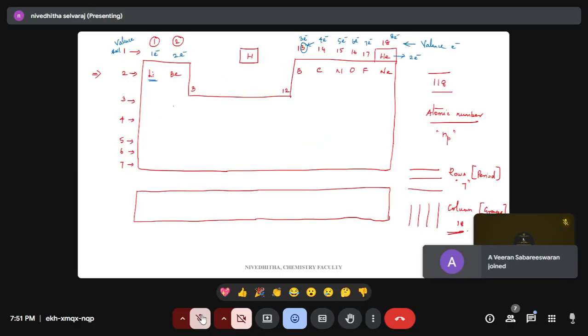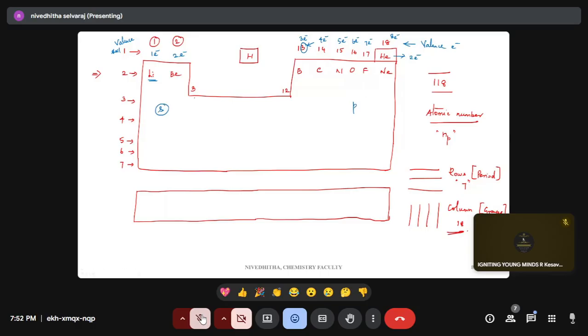Group 1 and group 2 elements are S block elements, group 13 to group 18 are P block elements, groups 3 to 12 are D block, and this is the F block. These blocks are classified based on the subshell into which the last electron is entering.